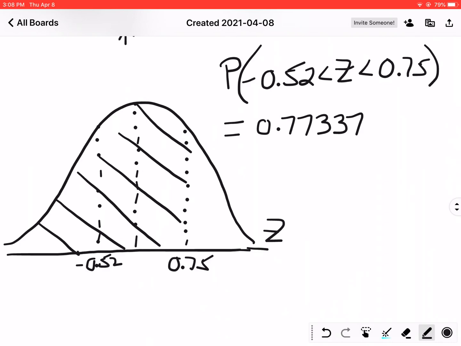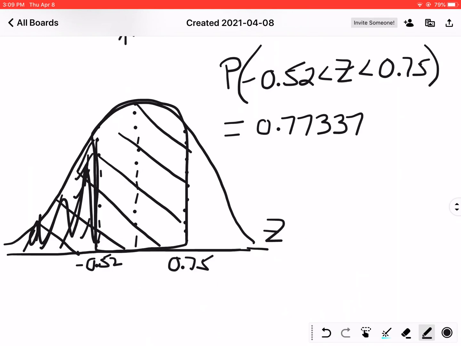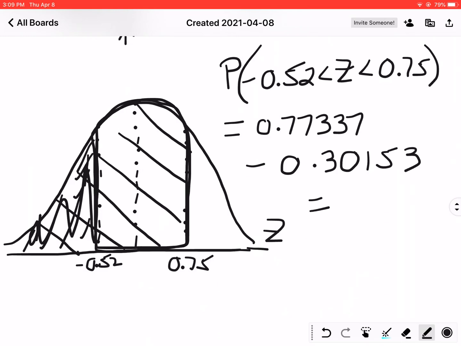And then I'm going to subtract the area or the probability left of negative 0.52. So I'm going to take away this area in here, and what I'm left with is the area in between. So if I take away the 0.30153, I will get the area in between, which is 0.7184.